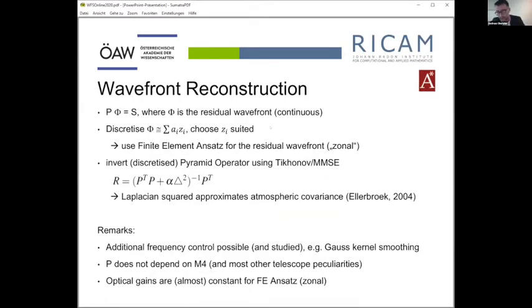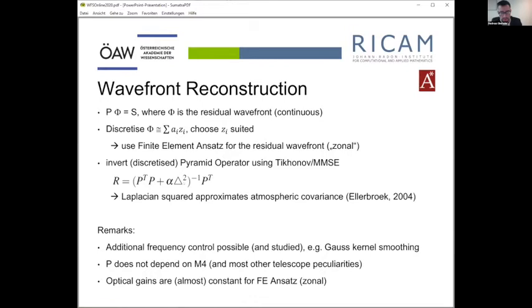Then we do what everybody else does, as has been shown before also in the talk of Bernadette. We invert what we call the poke matrix, so the system matrix, using an MMSE reconstructor, and as covariance term for the atmospheric conditions we have the Laplacian squared, which is easily implementable on that sort of ansatz functions, so the zonal pokes and the free geometry.